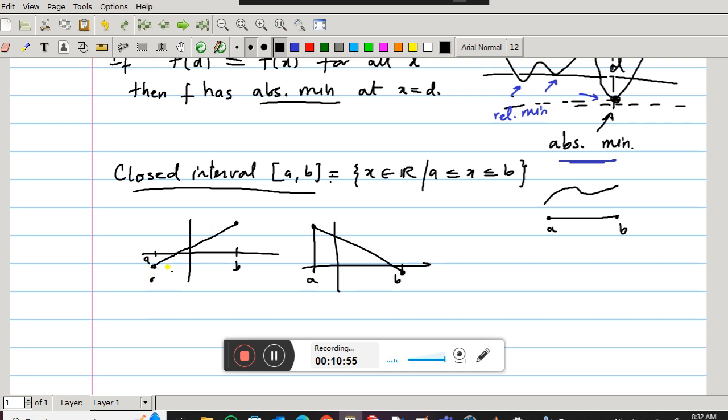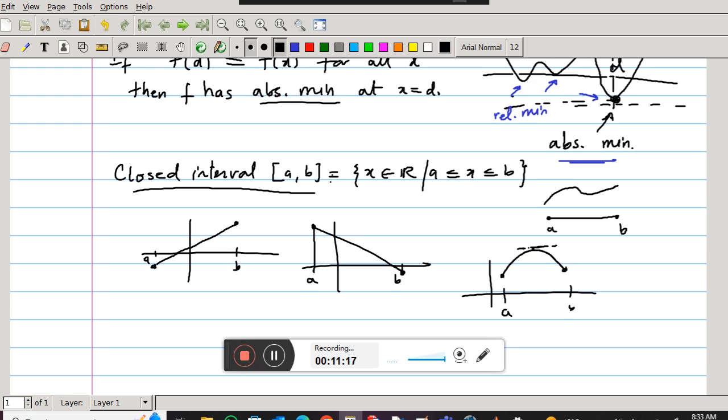Because it is a closed interval. If you have a curve like that, even in a closed interval from a to b, if you have something like this, let's say, right, then see, this critical point becomes the maxima. Agree? So this is down, down, minima, maxima.